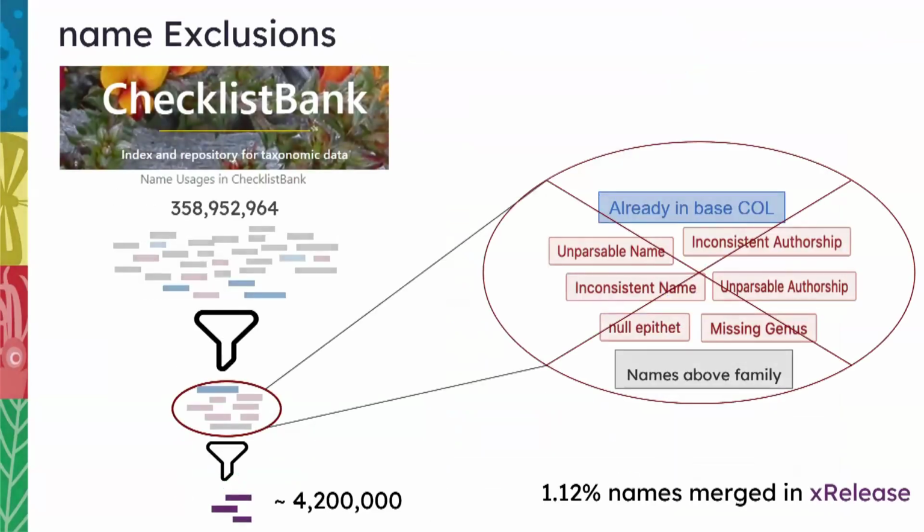All these considerations end up discarding a high percentage of the names available in ChecklistBank. Thus, from the tests we have carried out in recent months, we observed that on average, just over 1% of the names available in ChecklistBank end up being merged into the extended release.